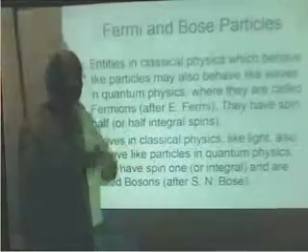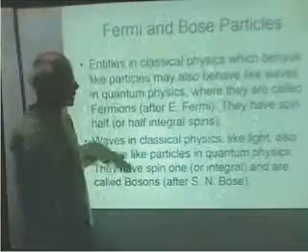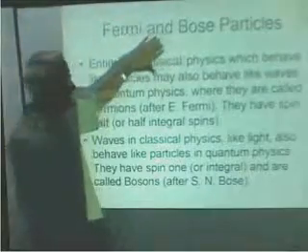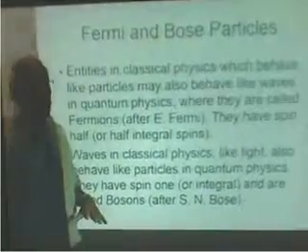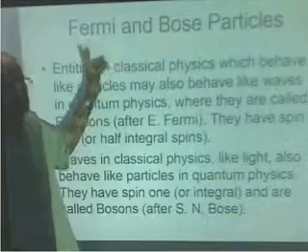And things like light, which appear like wave in classical physics, appear like particles, or what are called photons, in quantum mechanics. So what we call particles in classical physics, which behave like waves, all have half integral spins and obey Fermi statistics. It is called Fermi-Dirac statistics or Fermi statistics.